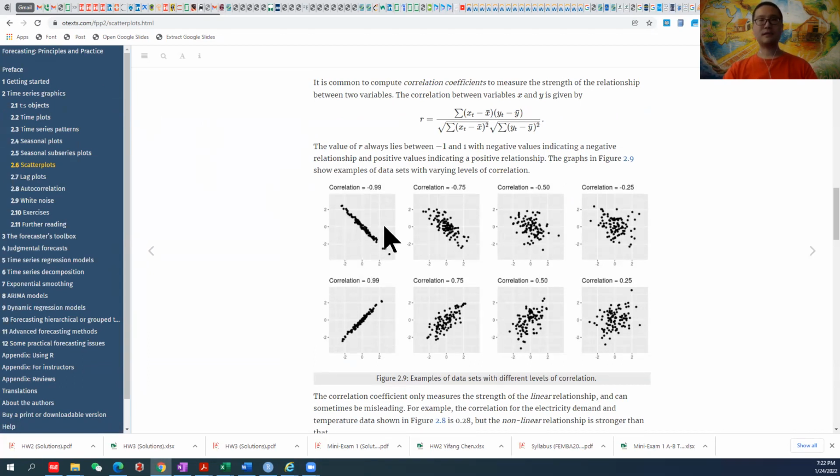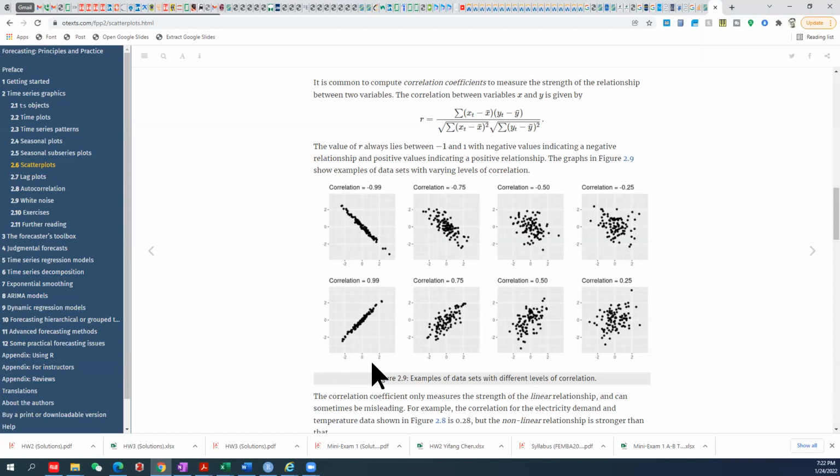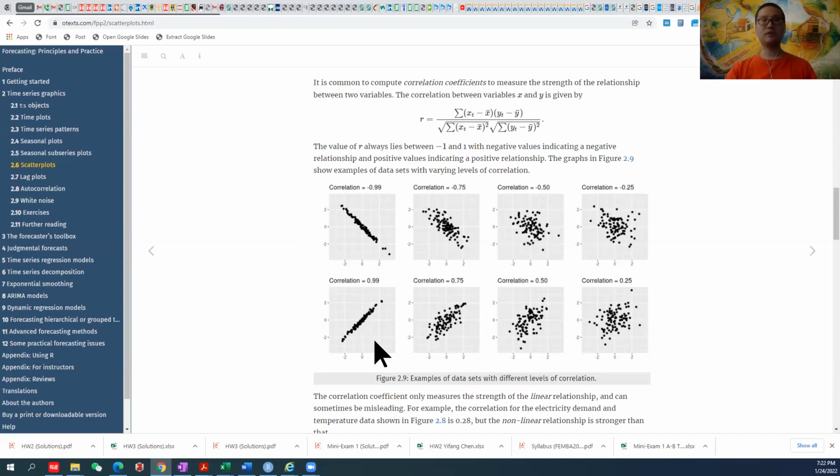As you can see, it could be a strong negative relationship, when X increases, Y decreases, or a strong positive relationship where Y increases with X. So both ways would mean strong relationship. Don't get confused between the direction and the strength of the relationship. These are two different things. Yeah, that makes sense. Perfect.